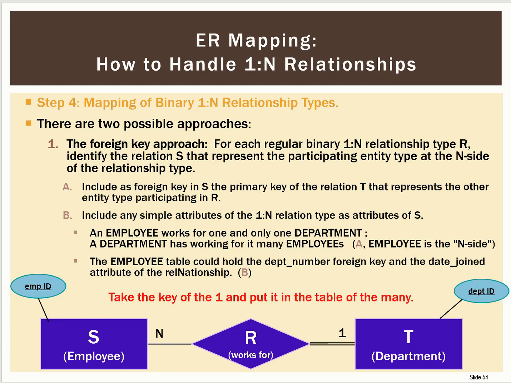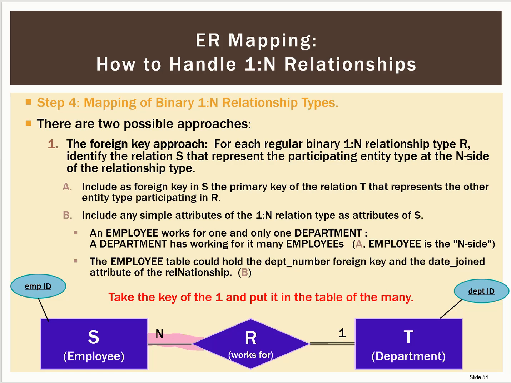It's also interesting to note how partial and total participation will affect your database design. Note here that we have a partial participation between the employee and the works for relationship. This means that not every employee works for a department.